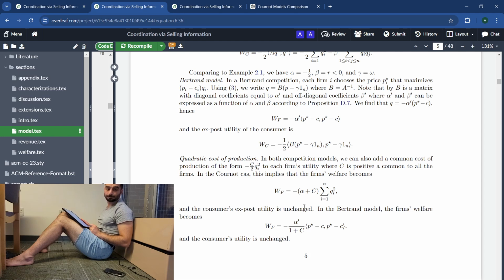And we want to maximize over P, right? What is UI of P? UI of P is QI of P minus... Or we can say this one.